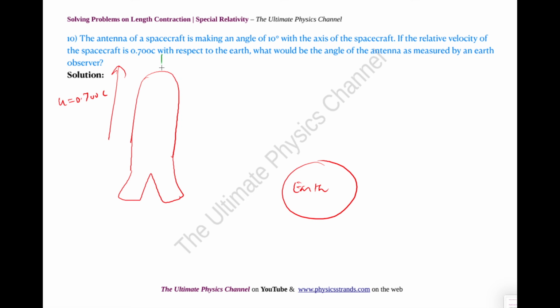Now this is the axis of the spacecraft and that is the direction of motion, parallel to the direction of motion, and an antenna here is making an angle of 10 degrees with respect to the observer on the spacecraft, an astronaut probably. Now what would be the angle for an observer on Earth? The same angle of the antenna.